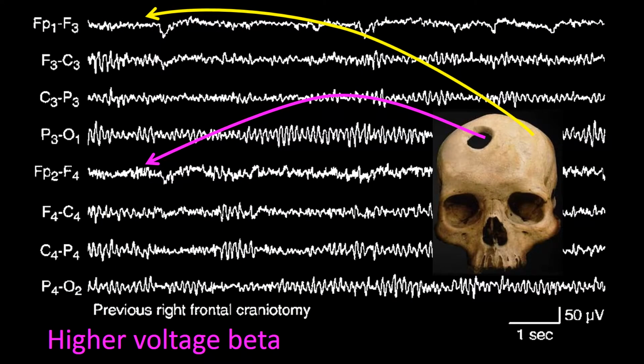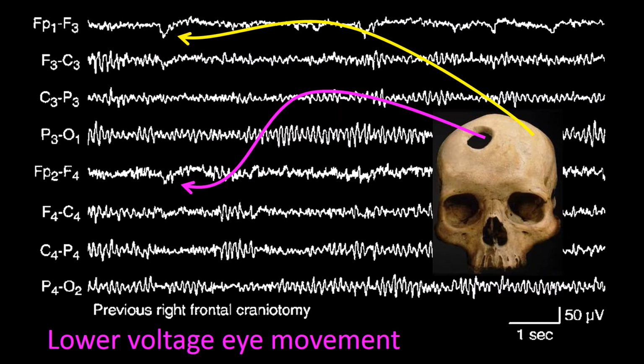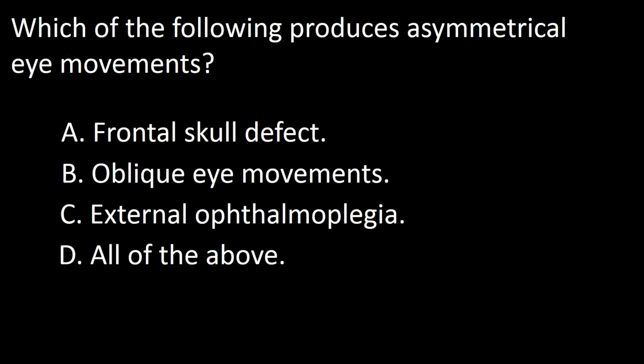You can see this in this frame where the beta activity is higher on the side of the defect, but the eye movements are lower on the side of the defect. So the answer to this question is all of the above.